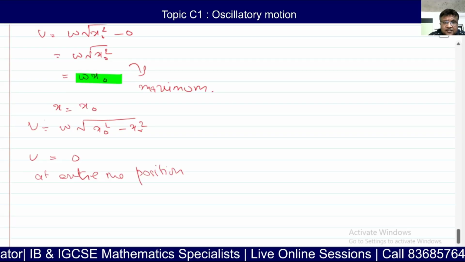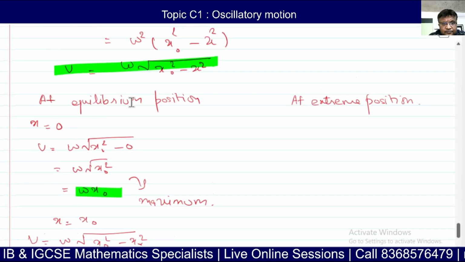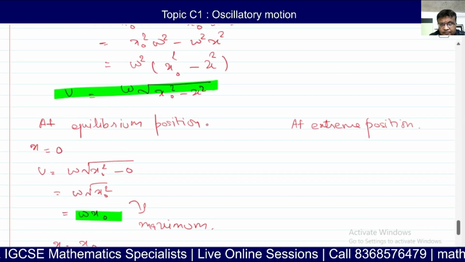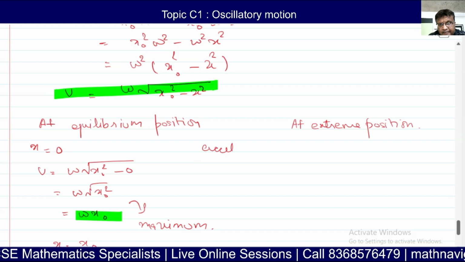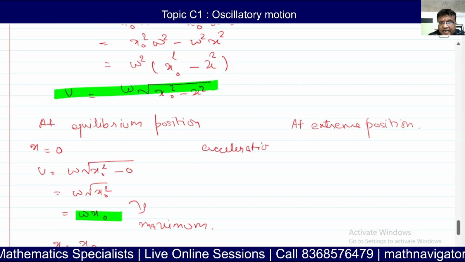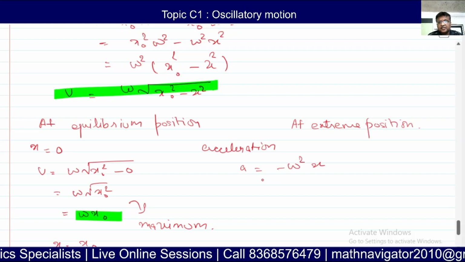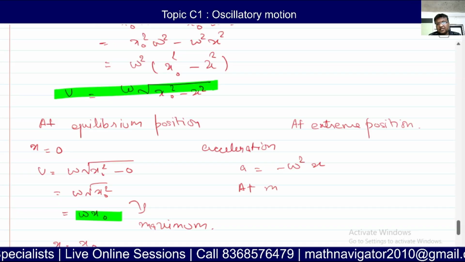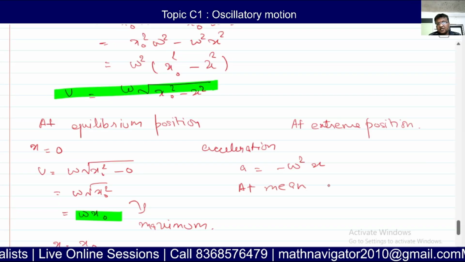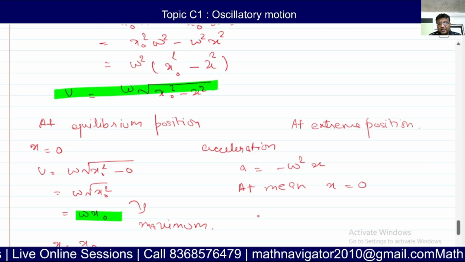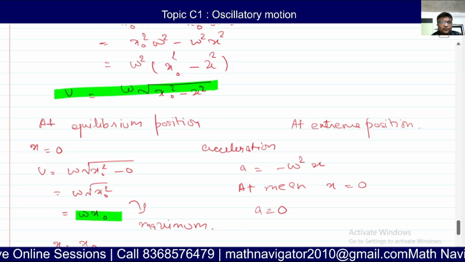Let's talk about acceleration. My acceleration is equal to negative omega squared x. So at mean position, x is equal to 0, so acceleration is equal to 0.